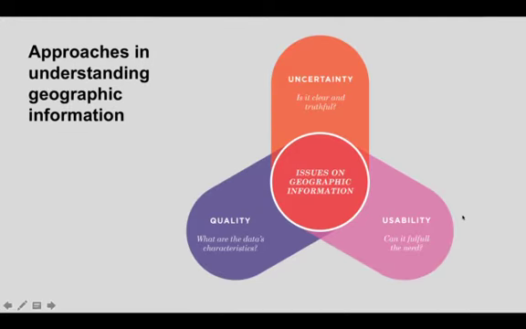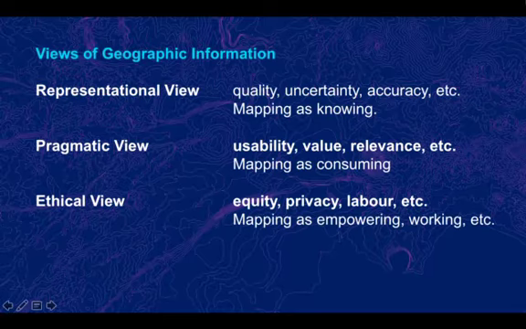The good thing with that view, when you shift your view from quality to uncertainty to usability, is that your way of mapping also changes. So, for example, in GIS in our tradition, the most popular one is the representational view. When you look at a piece of spatial data, you look at quality, uncertainty, accuracy.